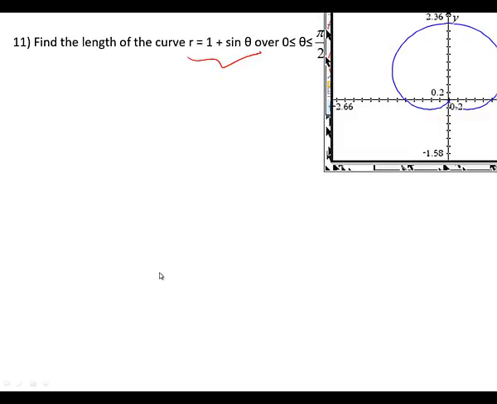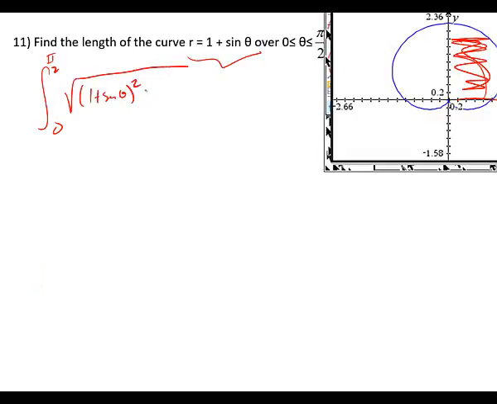And it only wants us to go from 0 to pi over 2. So I'm really only finding this area right in here, right? But the good news is I don't have to think about the limits at all. I'm just going to put that in. And it wants the arc length. So remember, the arc length is the original squared plus its derivative squared.